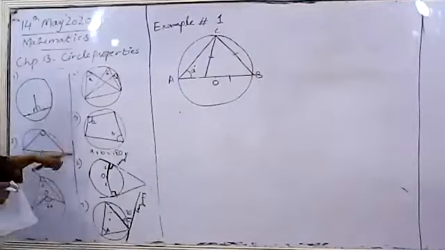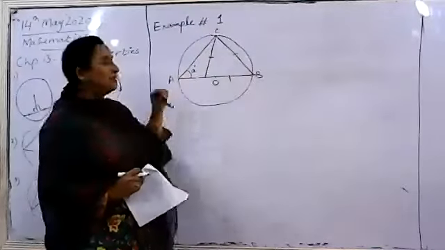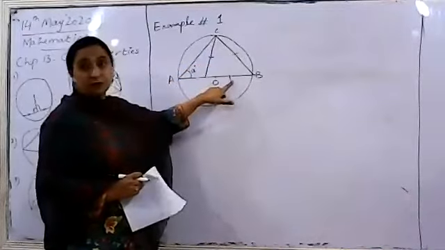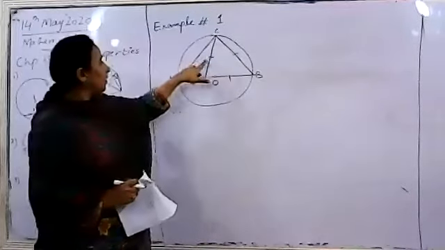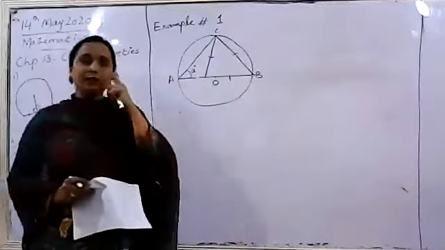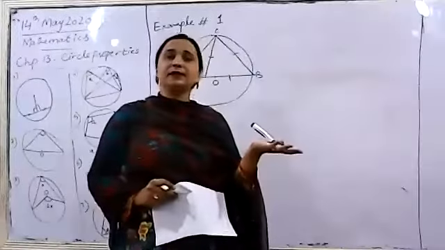We can see this. And the third thing is that you have a small triangle inside a big triangle, and there are little lines on this triangle. It means that all the three sides of this triangle are equal. When all the three sides are equal, what type of triangle is this?